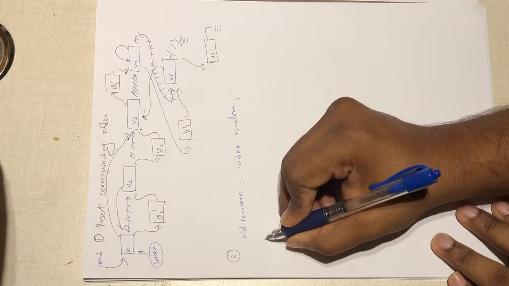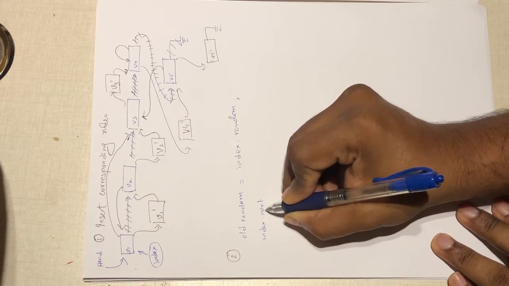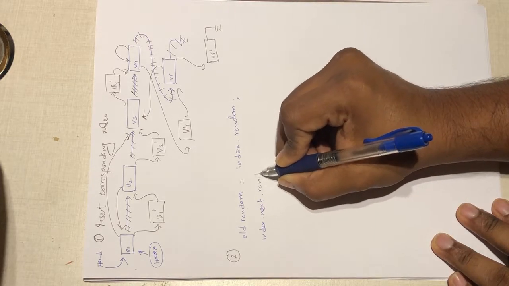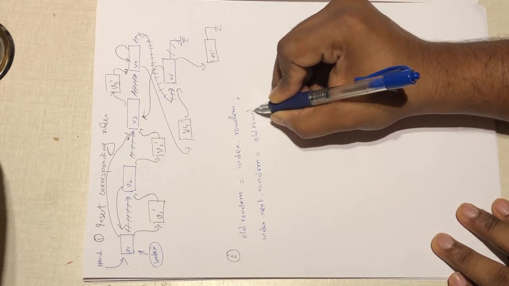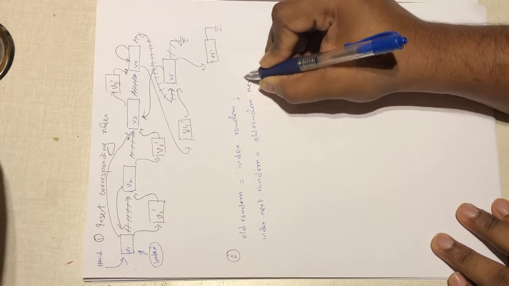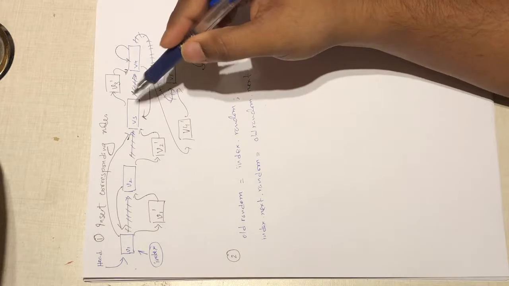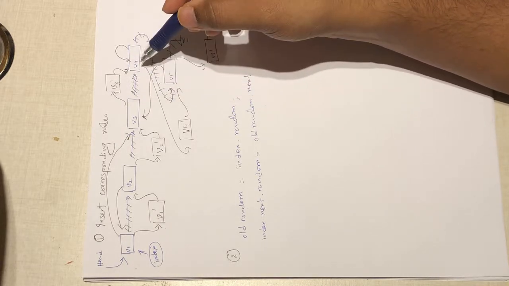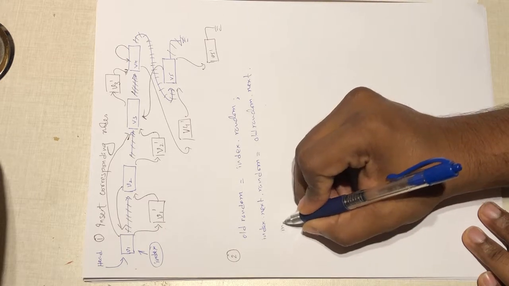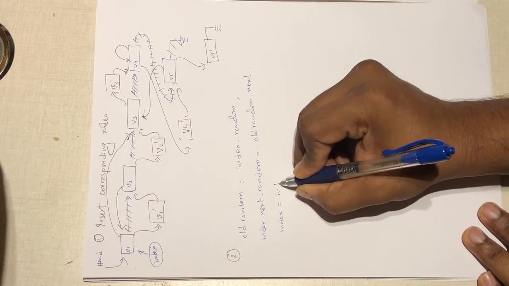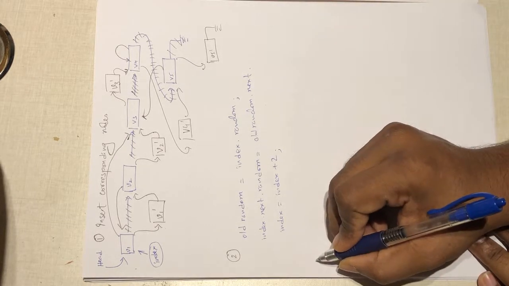Now index dot next dot random equals old random dot next. Why does it work? Because whenever it points to a random, the next node should be the new random, right? And this should work. Index plus 2. Again, this is pseudocode.